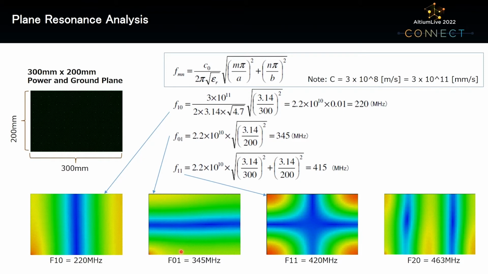It's antinode, node, antinode in the vertical direction of the board. From this color gradation, you can see that the wavelength in 0-1 mode is shorter than that in 1-0 mode.